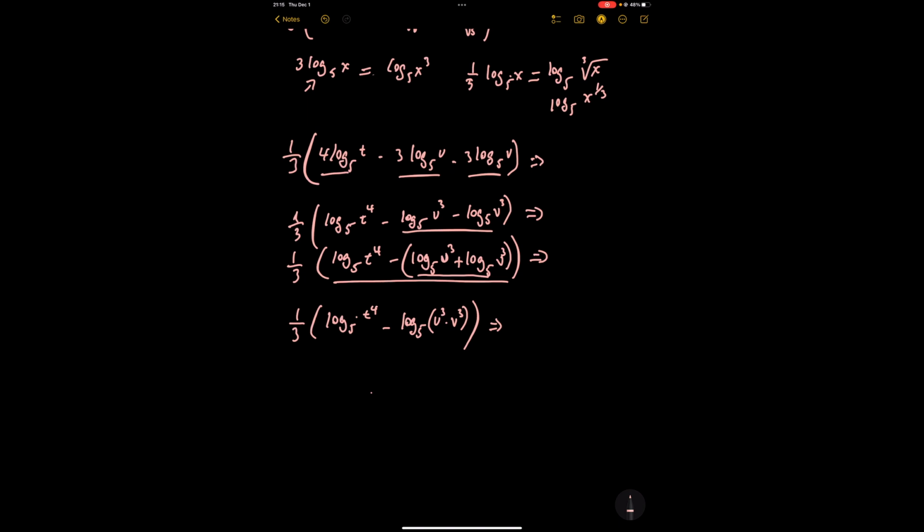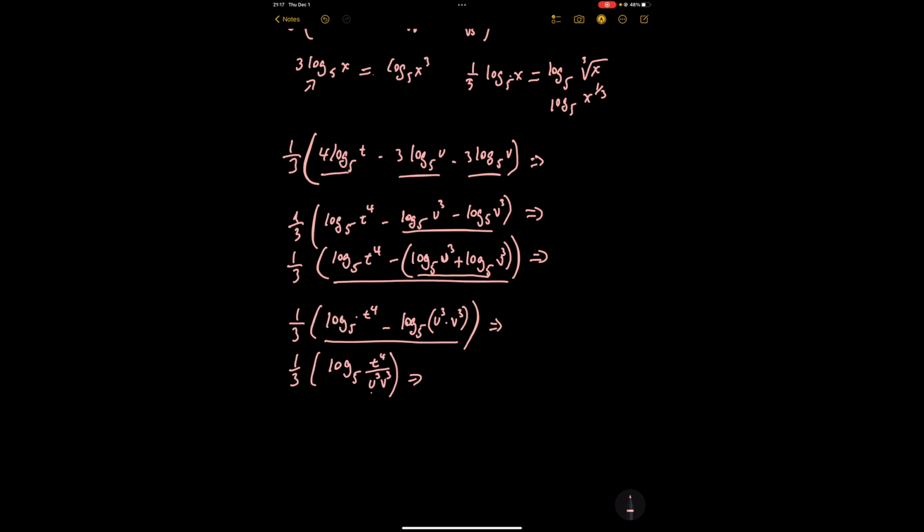So now I have 1/3 here. Now I can look at this and say, well, I have a division. So I'm going to have log 5 of t to the 4 over u cubed v cubed.